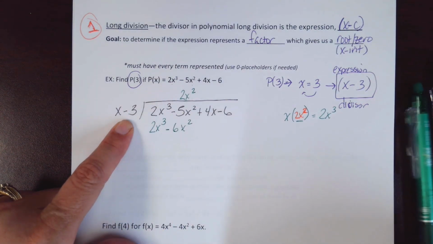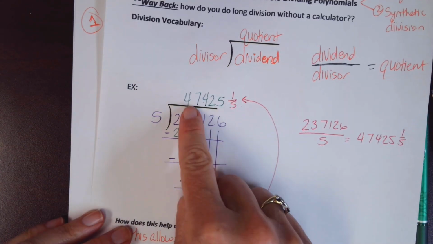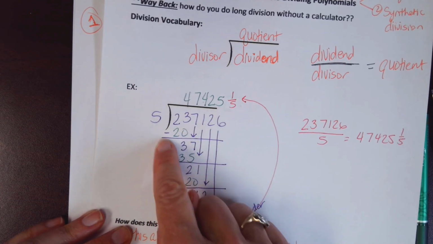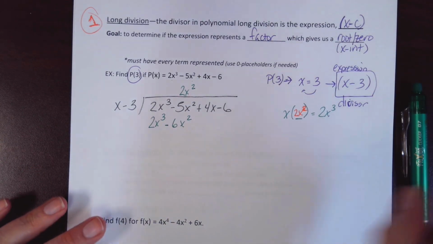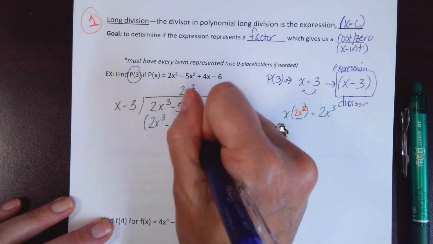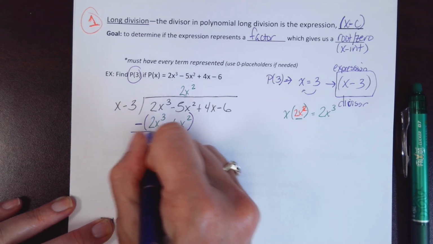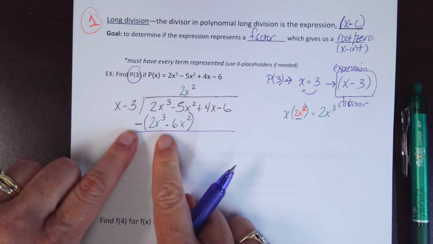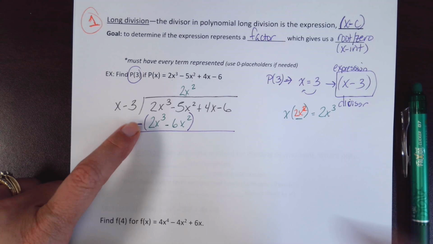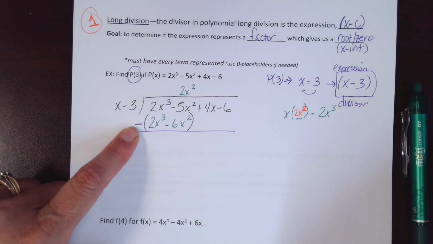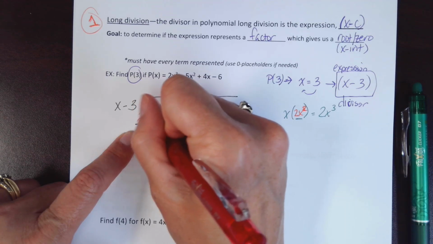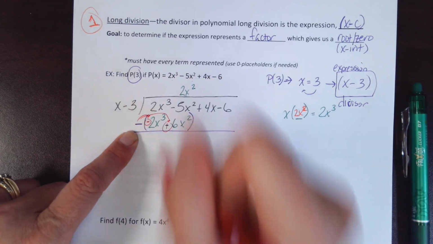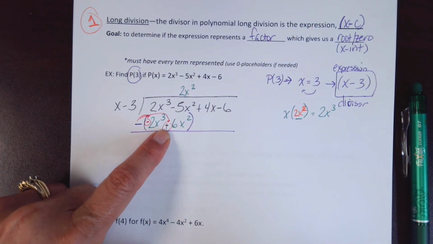After I've multiplied, what did I do with my long division? I wrote something down, I multiplied, and then I subtracted. So that's what we do here. We wrote something down, we multiply, and now we subtract both of those terms. Now this bit's important. My parentheses are important because I'm subtracting both of those. It changes the sign on both of those. That negative distributes inside and that changes to a plus here.